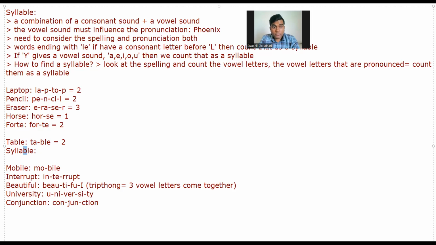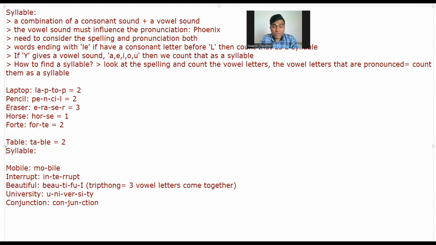Yes, there is B. So this word, now if we count how many syllables are there, you can see this is an example where letter Y is giving you an E sound, syllable, right? So you can see our rule number 4. If Y gives a vowel sound, A, E, I, O, U, any of these sounds, then we count that as a syllable. Right? So that is the reason.